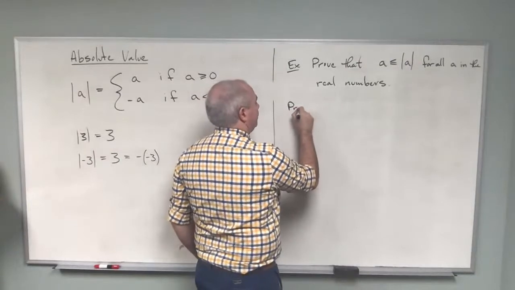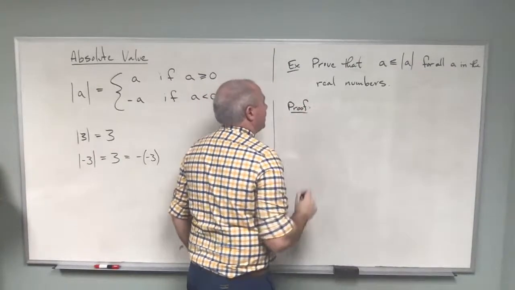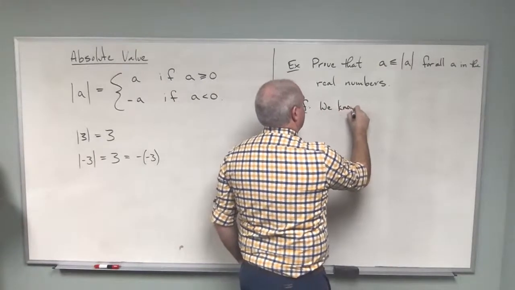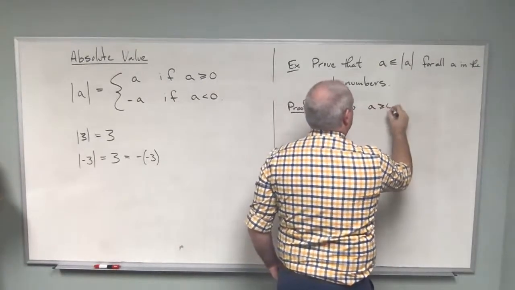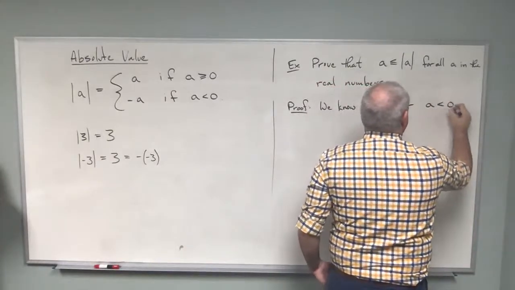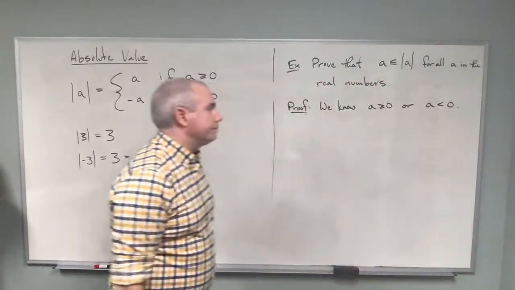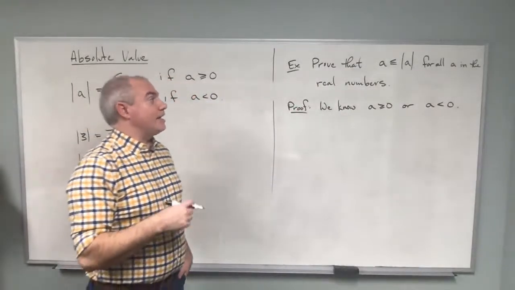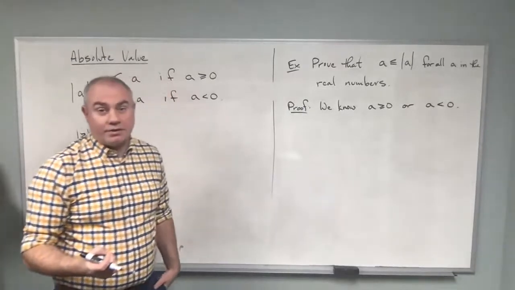I'll say proof: we know that A is greater than or equal to 0, or that A is less than 0. And in both cases, I need to show that A is less than or equal to its own absolute value.